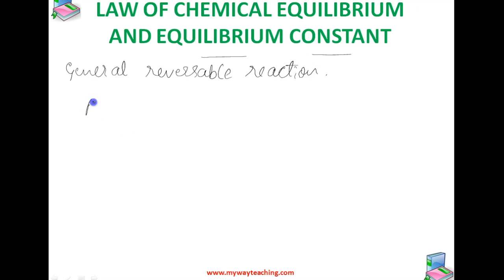A plus B gives C plus D, where A and B are the reactants and C and D are the products in the balanced chemical equation.